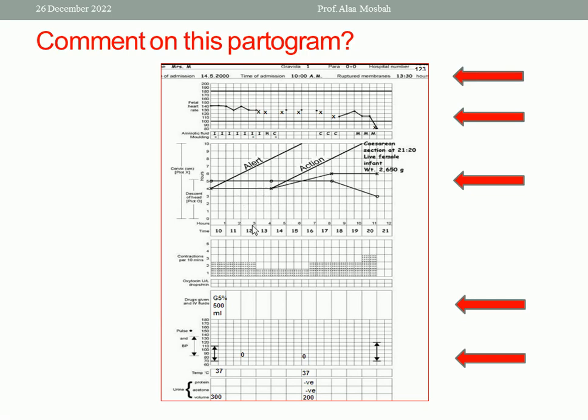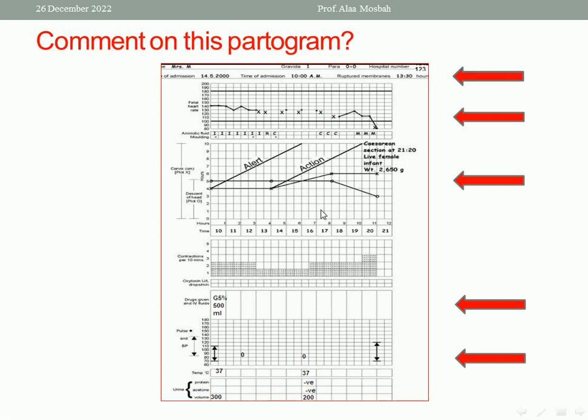And you should see if there is good uterine contraction. You should observe how many contractions per minute, and how many seconds each contraction continues. If there is no efficient uterine contraction, you should augment labor by either rupture of membrane, then augmentation by oxytocin infusion, and see if there is progress of cervical dilatation and head descent or not.